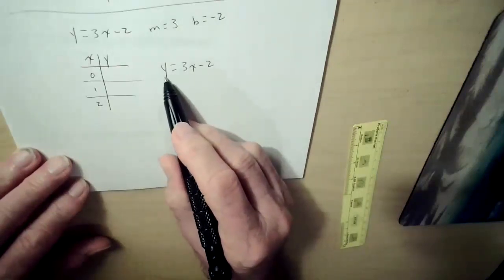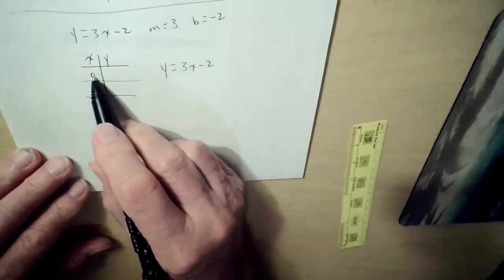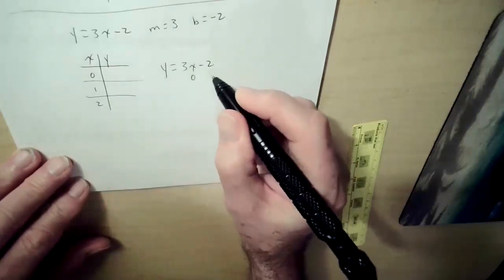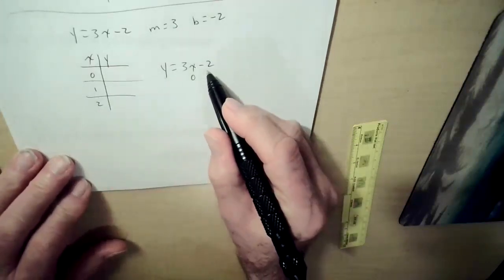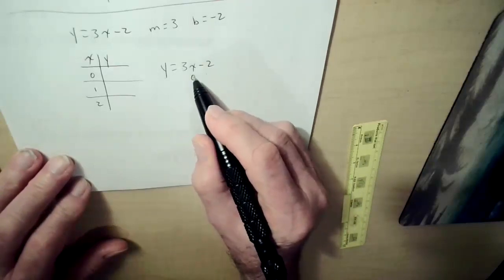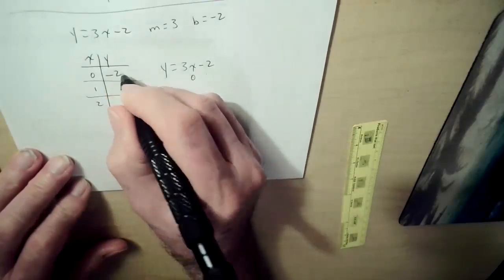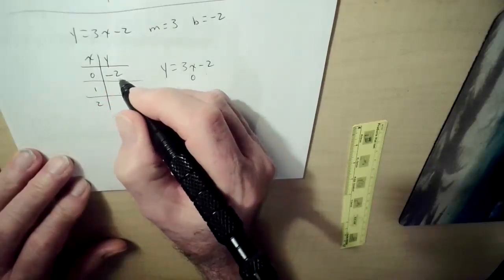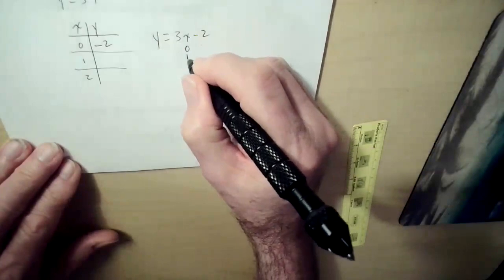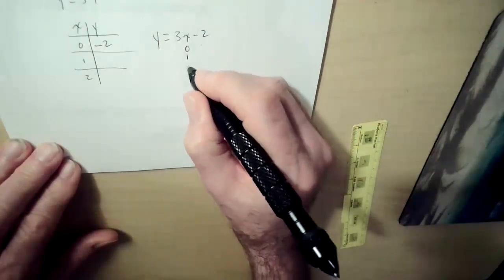Okay, so if we have y equals 3x minus 2, all we're going to do is plug in the x, solve for y. Remember, when x is 0, you're going to end up with the y-intercept. 3 times 0 is 0, minus 2 is -2. Is everybody with me here? Okay.